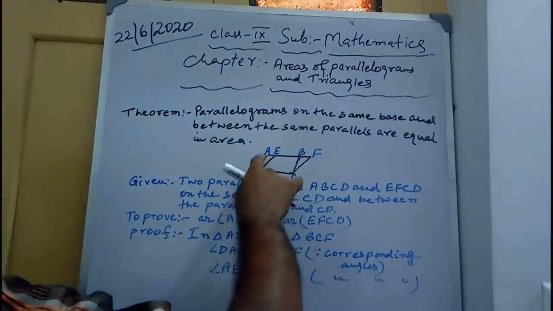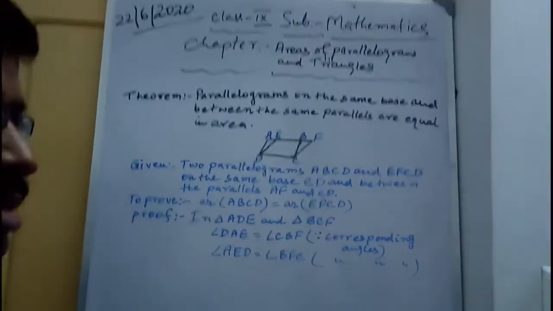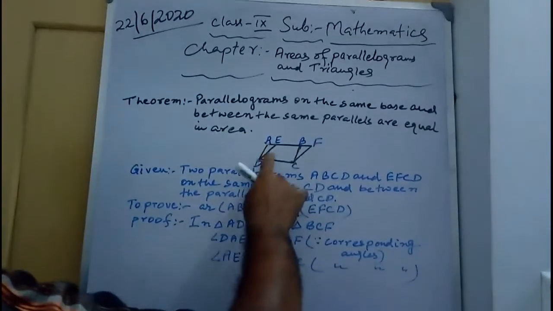In a triangle, when two angles are equal, then the third angle is also equal.